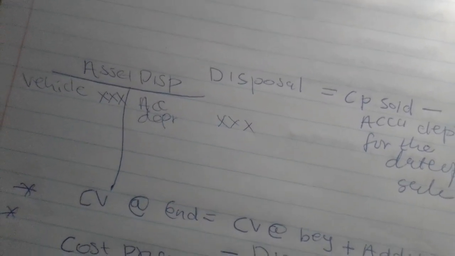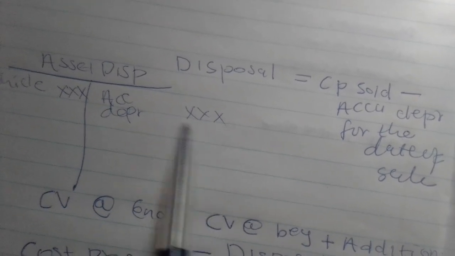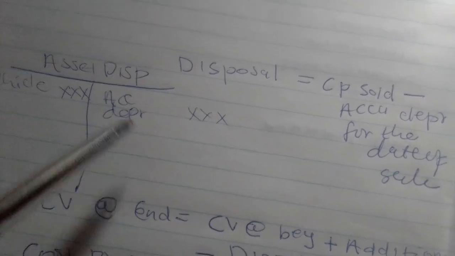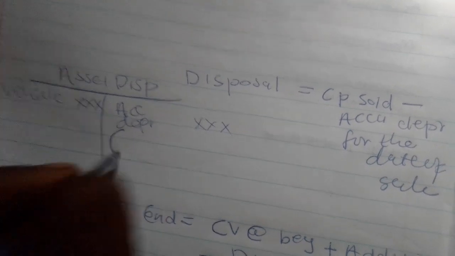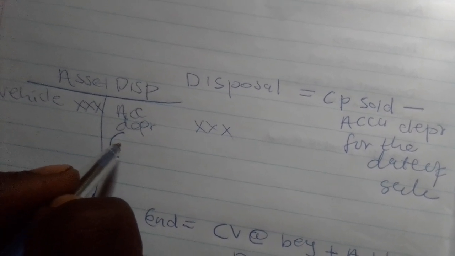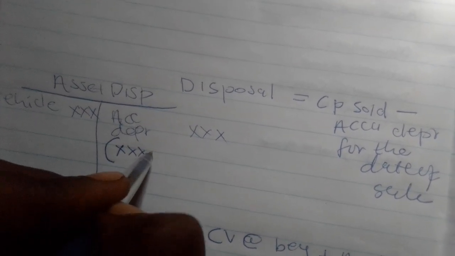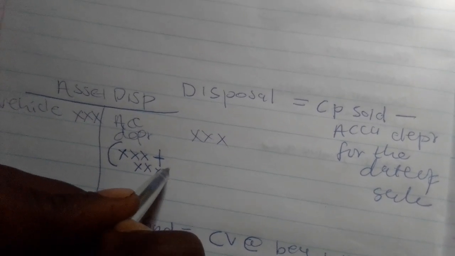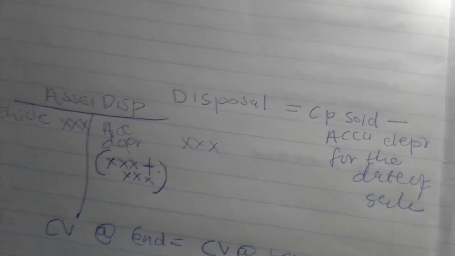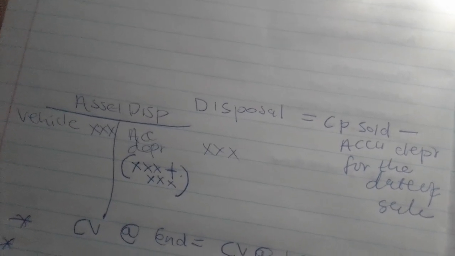So this cost price of the vehicle, you're going to take it and do less accumulated depreciation. This one is the accumulated depreciation for the date of sale. In order for you to get this accumulated depreciation for the date of sale, you're going to take accumulated depreciation at the beginning, then you add it with the depreciation of the asset sold. Then you will get accumulated depreciation for the date of sale.